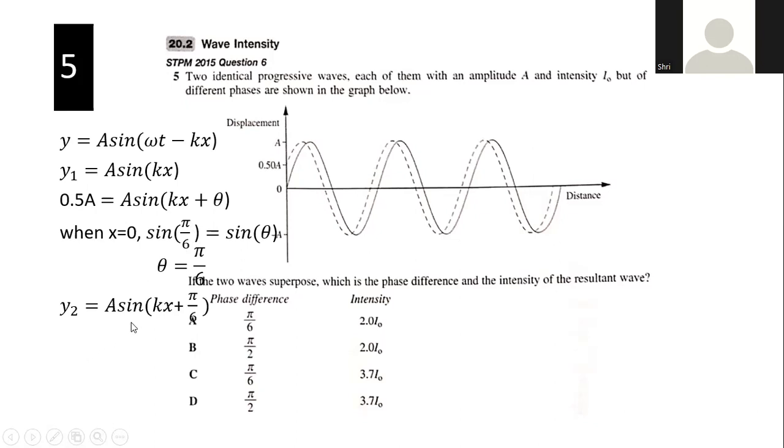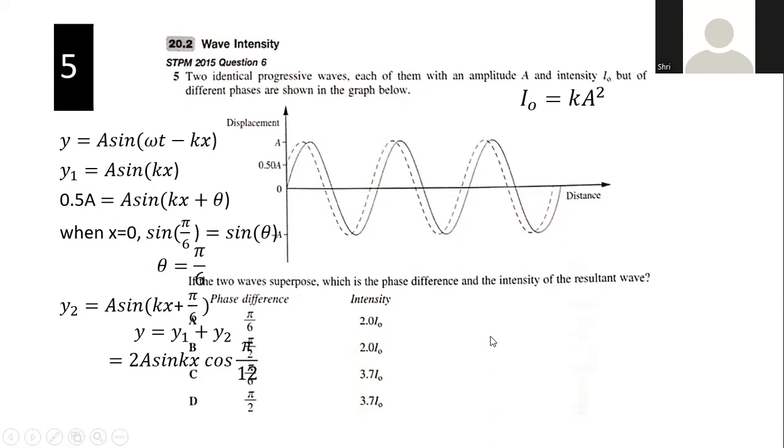And y2, right? So y1 is this one. We have calculated this one for y2. Add these two together. Y1 plus y2. Don't worry about the omega t term, because you are working with x only. No need to worry about time. Then you get that equation.